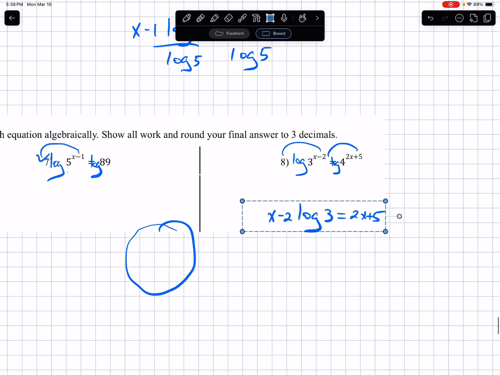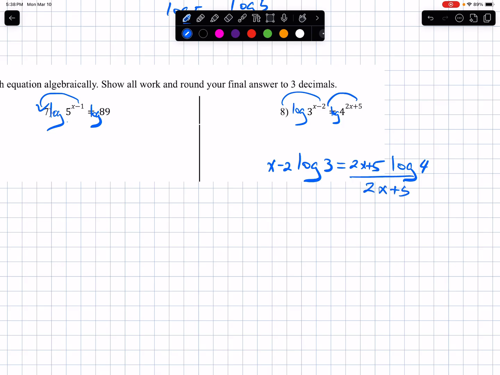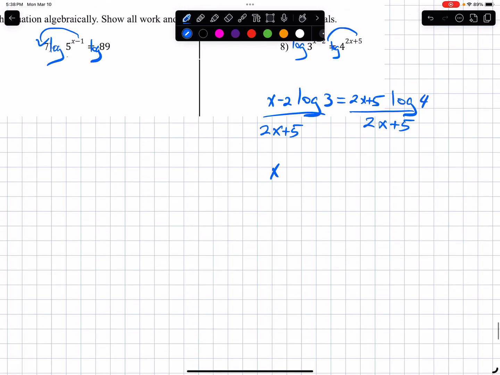So I can divide by 2x plus 5. Then I get (x minus 2) over (2x plus 5) times log 3 equals log 4.